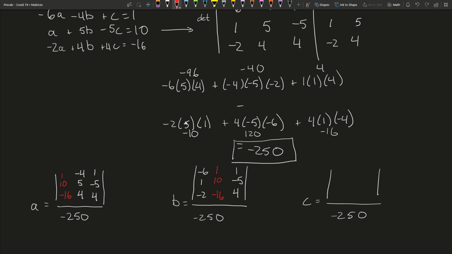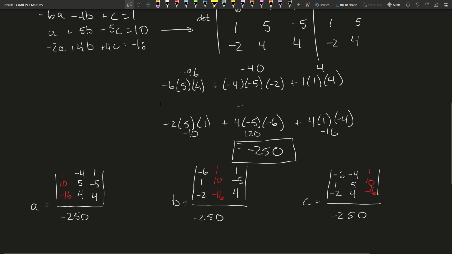And then for the C matrix in the numerator, our C column will be replaced with the answers. And then everything else, again, will be the same. Right? So this is the work I would expect, okay?